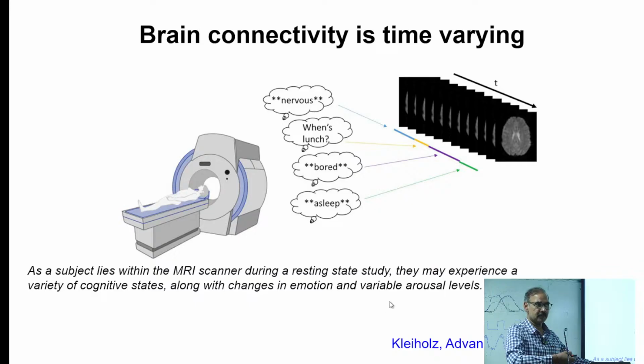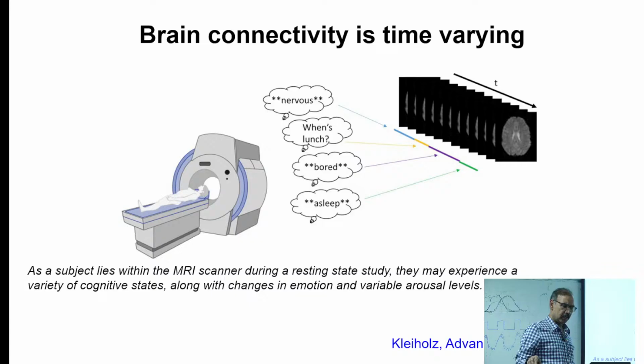So as a subject lies within the MRI scanner during a resting state study, they may experience a variety of cognitive states along with changes in emotion and variable arousal levels. And we don't know what will happen when. So we have no idea.